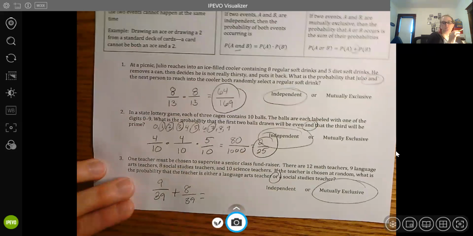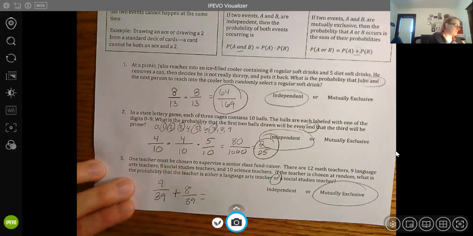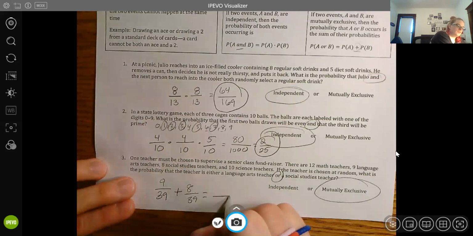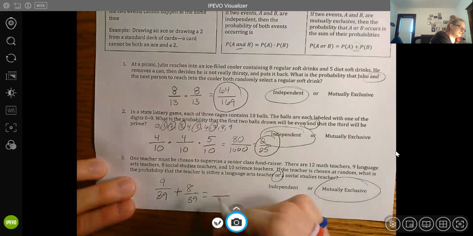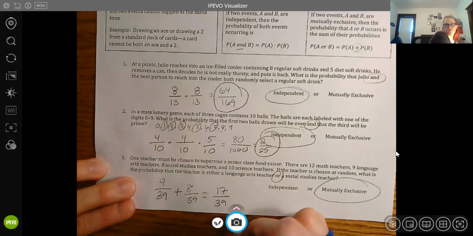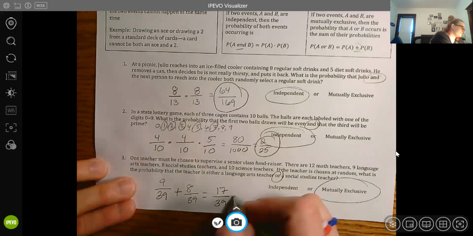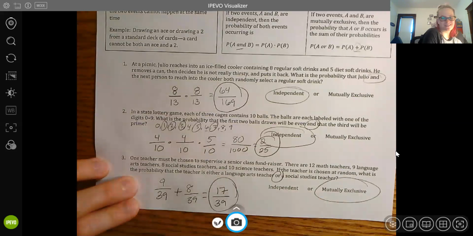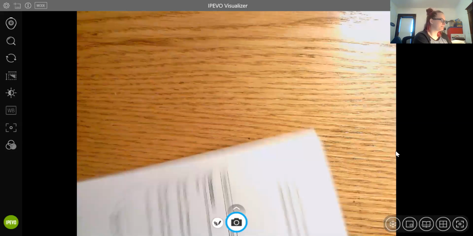So you just add the top numbers and leave the bottom ones. So 8 plus 9 gives us 17 over 39. Both of those are odds. I'm guessing nothing simplifies out of that one. Actually, I know nothing does. So 17 over 39. All right, let's go ahead and go to the back side.